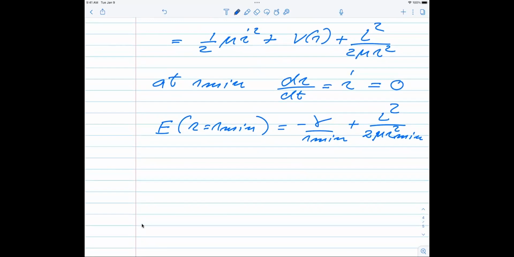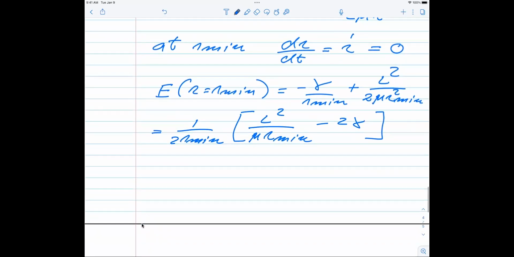Now, this is something which we can rewrite. So we can rewrite this in terms of 1 divided by r min. So this is just an algebraic manipulation of the equation which we have here. So we have an L squared divided by 2 mu multiplied with r min, and minus 2 times gamma.